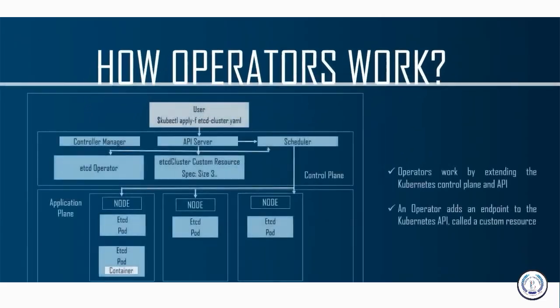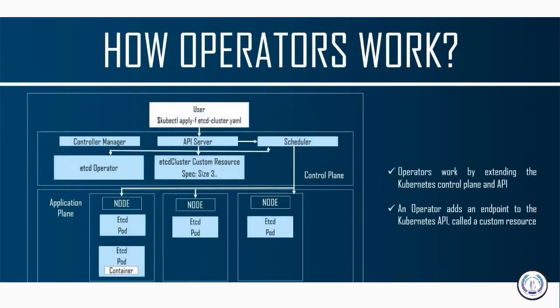Operators work by extending the Kubernetes control plane and API. In its simplest form, an operator adds an endpoint to the Kubernetes API called a custom resource, which we just talked about, along with a control plane component that monitors and maintains resources of the new type. This operator can then take action based on the resource's state, which is illustrated in the figure on the screen.